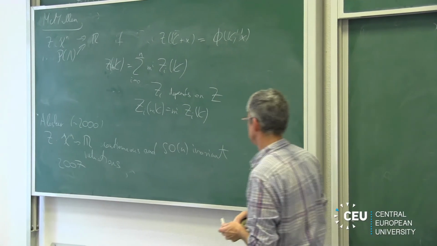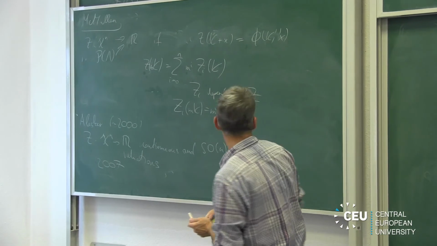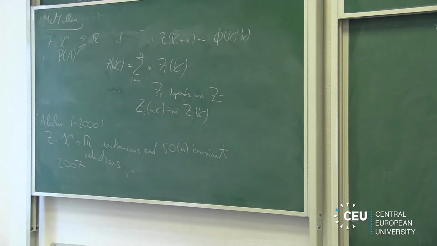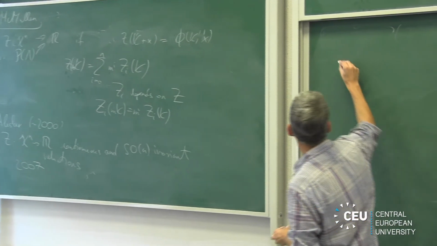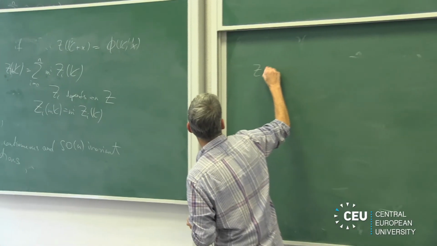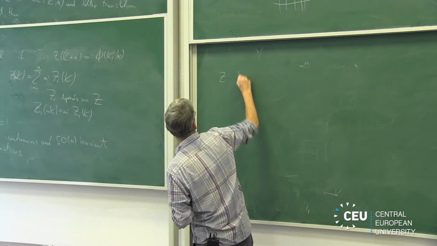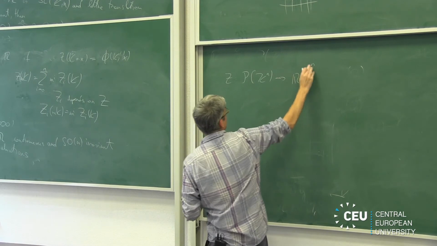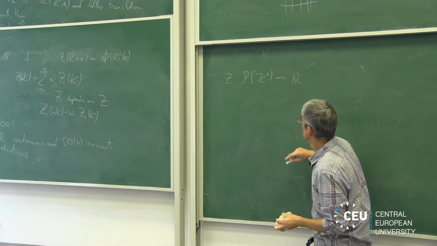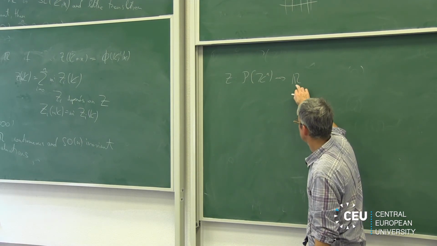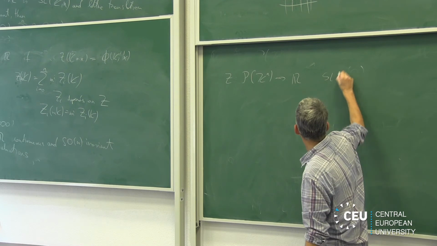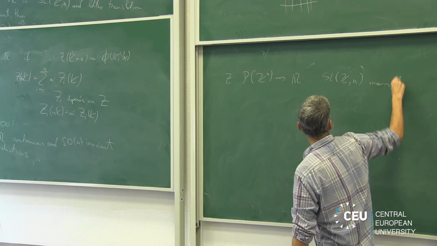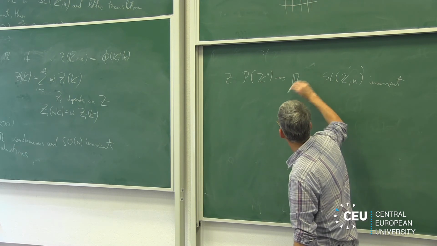The same thing is not known in the lattice case. The twin theorem would be the characterization of all valuations Z from P(Z^n) into, say, R, that are SL(Z^n) invariant.